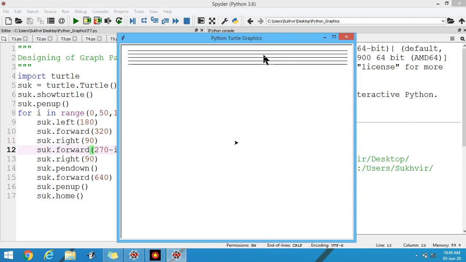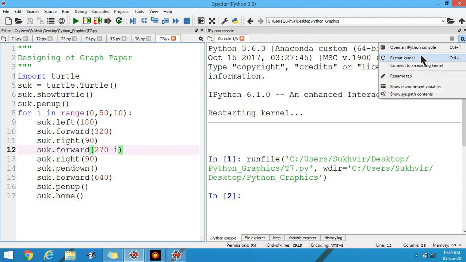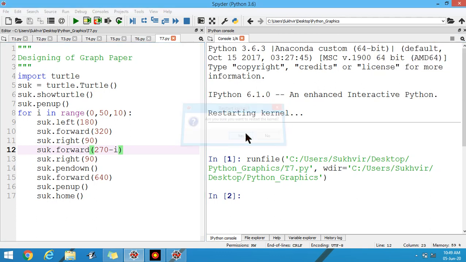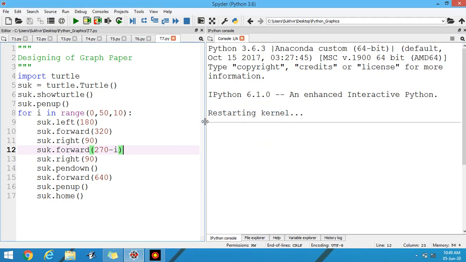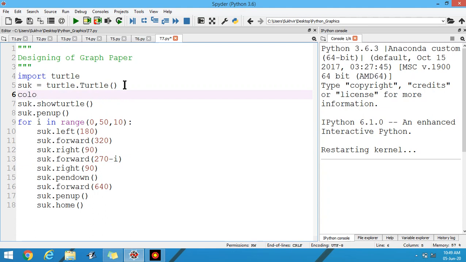Suppose we have to design more lines with different colors. First of all, set the color. For setting of color, we can write colors is equal to an array.